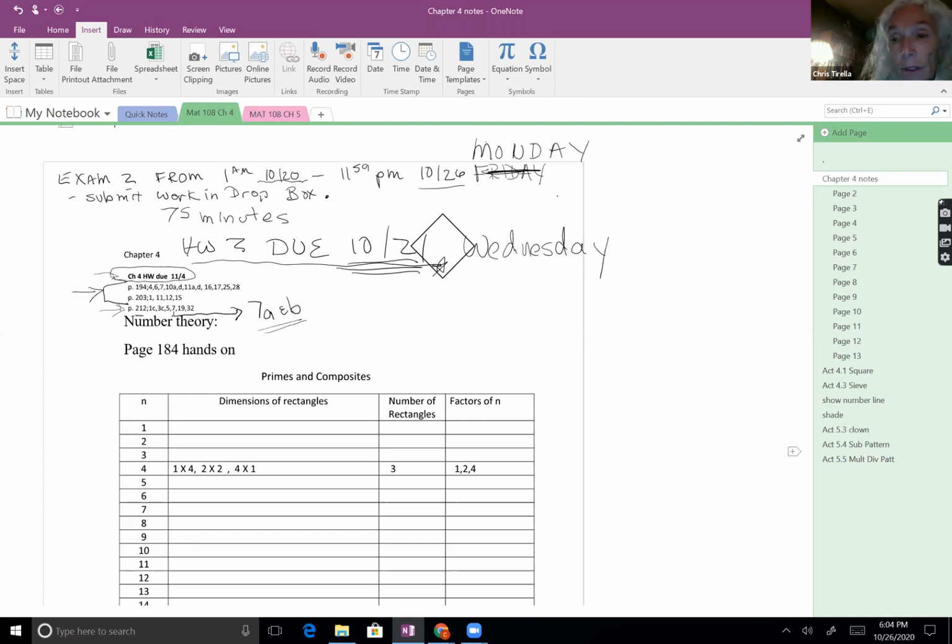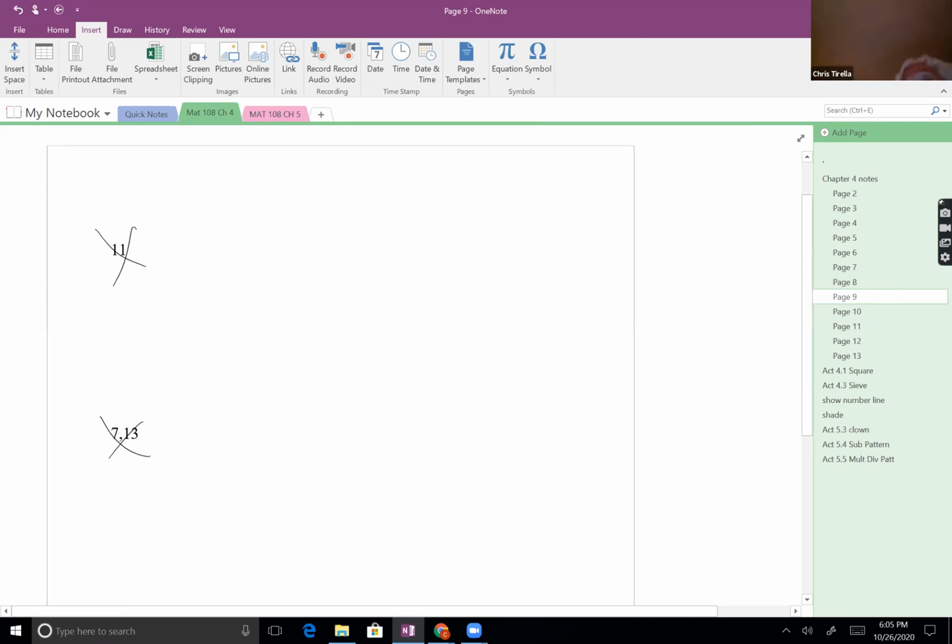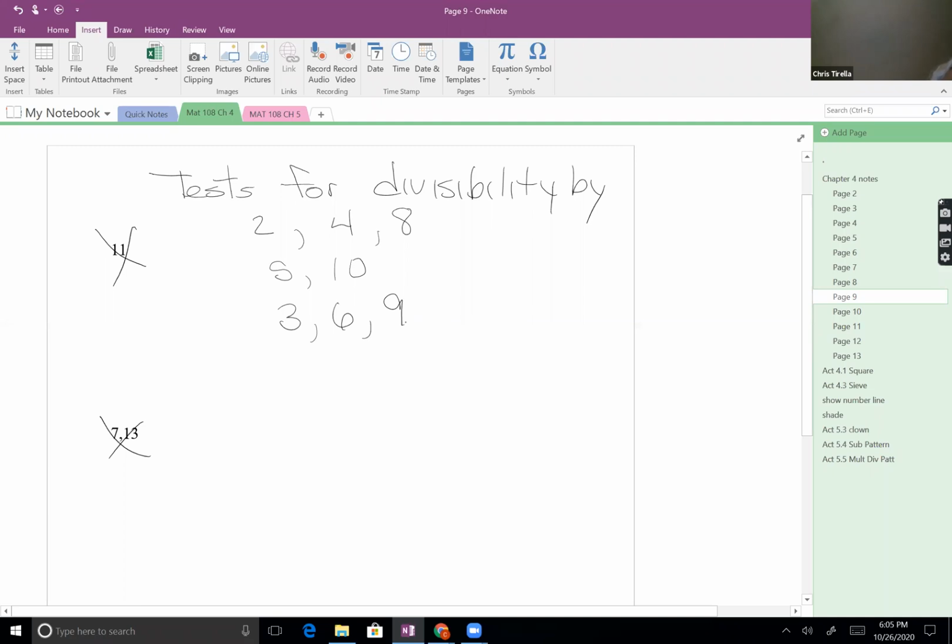And so last class, we left off with these tests for divisibility, and we looked at the tests for divisibility by 2, 4, 8, 5, 10, 3, 6, 9. 7 and 11 and 13 used to be in the old textbook, but honestly, I always said the tests were so involved that it was probably just easier to try to do the division.